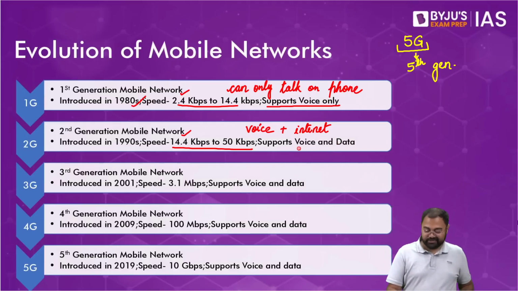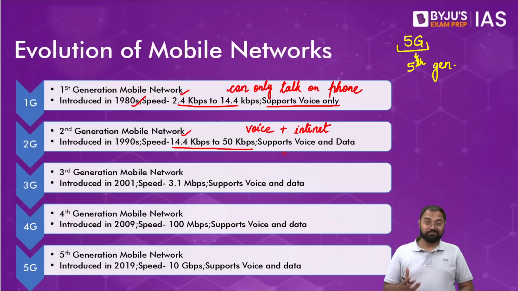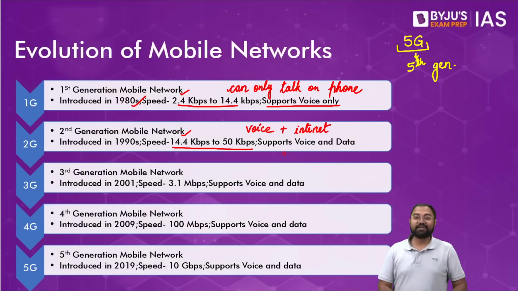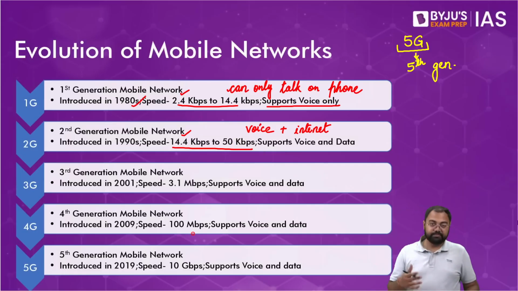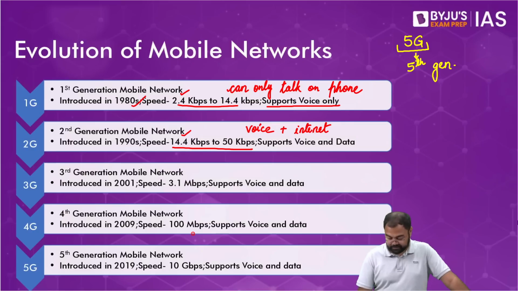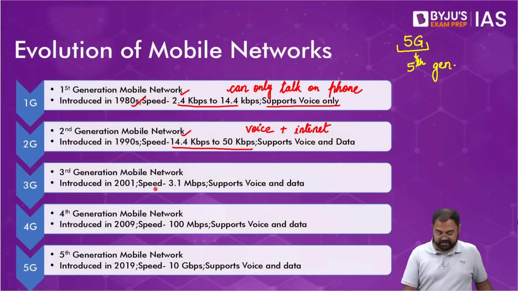So it was not that easy. It was very, very slow, but it was new. It was a privilege to have, even if it was very slow. But that was 2G internet, where the network speeds would go up to 50 kbps.